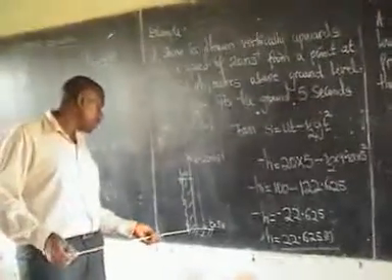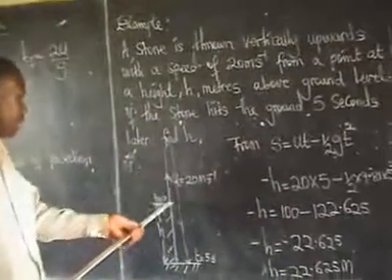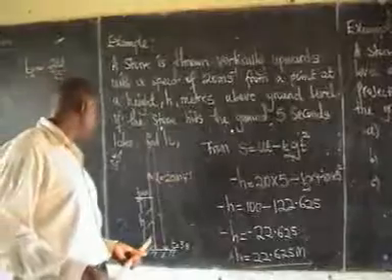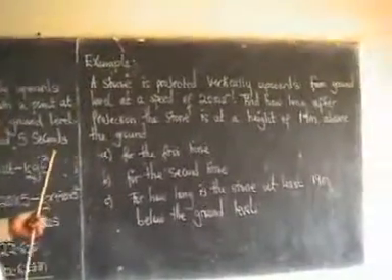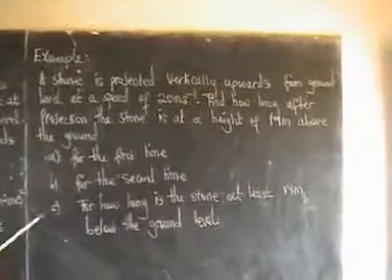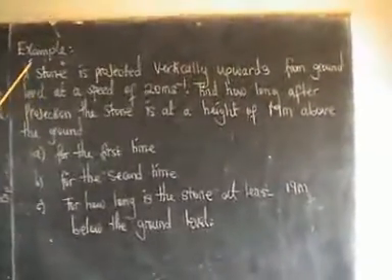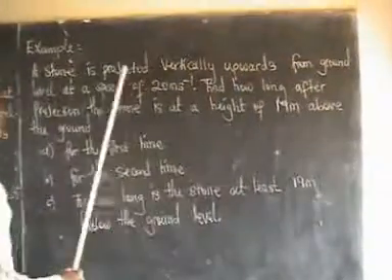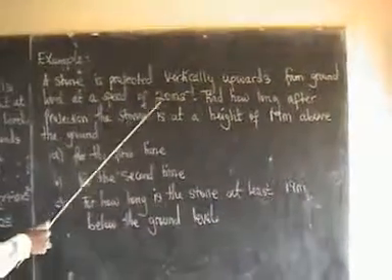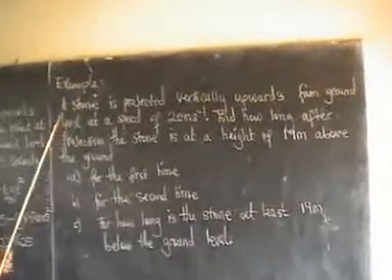We've been calculating the height below the point of projection. Now let's also look at another example. It may have other features which we need to know. So a stone is projected vertically upwards from ground level at a speed of 20 meters per second.